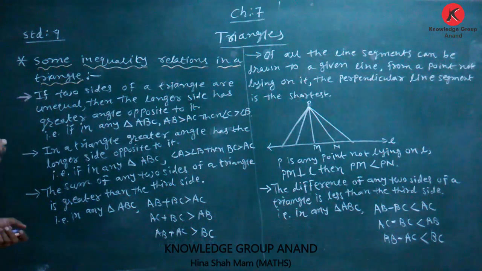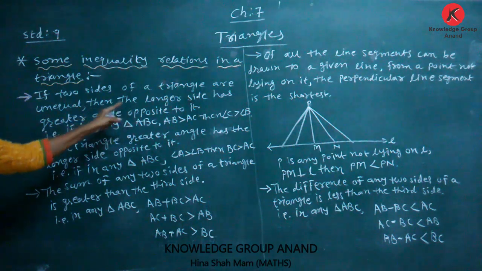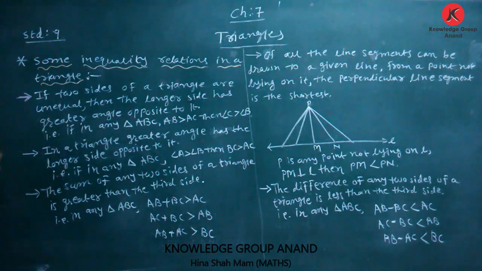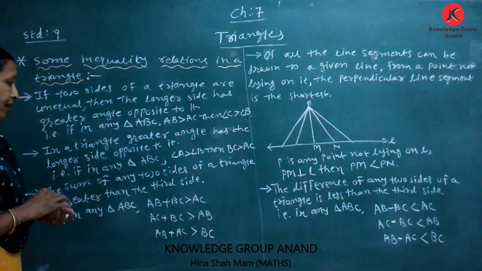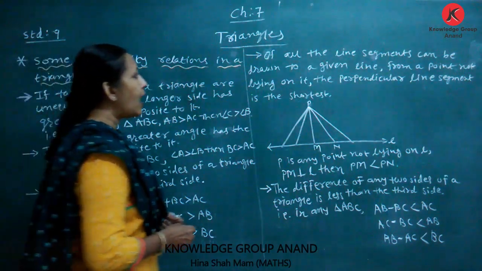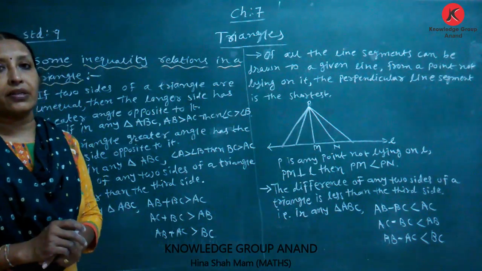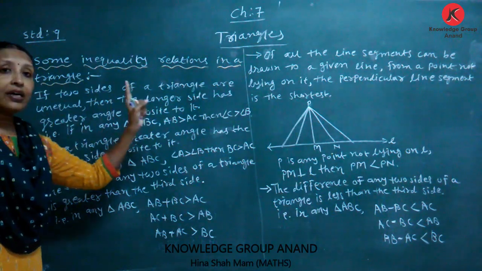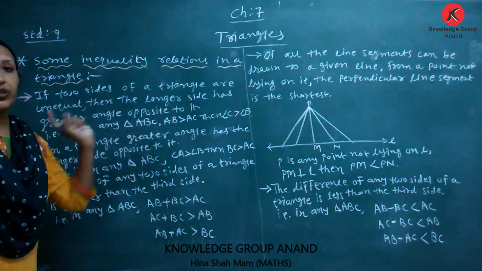If two sides of a triangle are unequal, then the longer side has the greater angle opposite to it. In a triangle, if two sides are unequal, that means no sides are equal, then the longer side has the greater angle opposite to it.